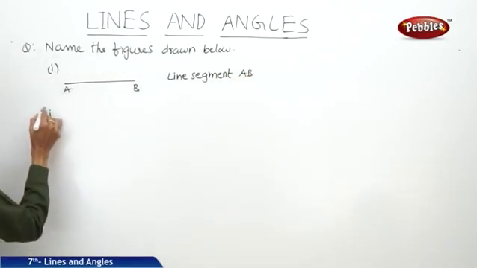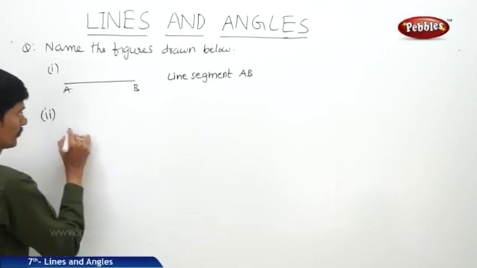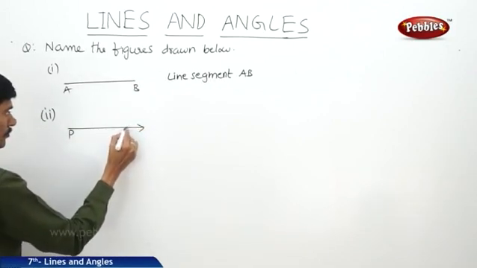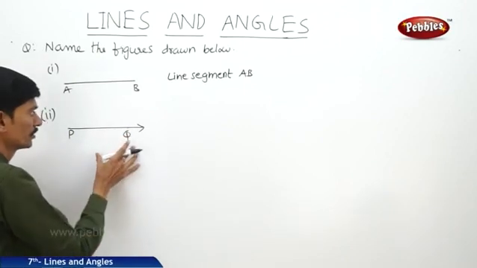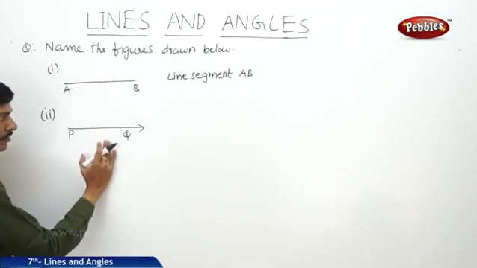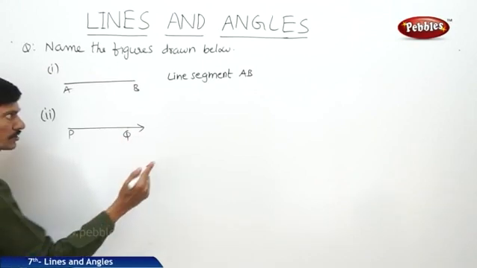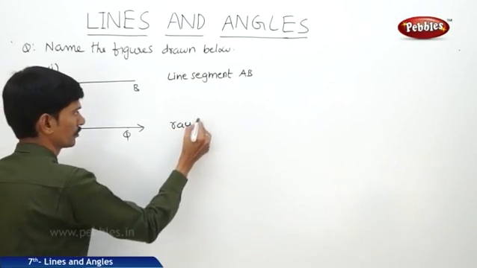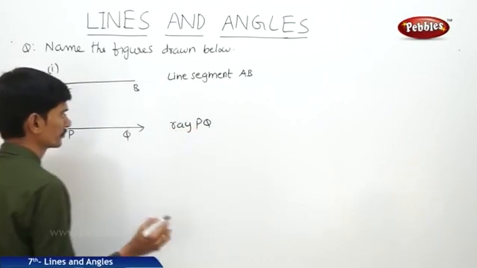And the second figure, now this has only one endpoint and it can be extended in only one direction, so it is called a ray PQ.